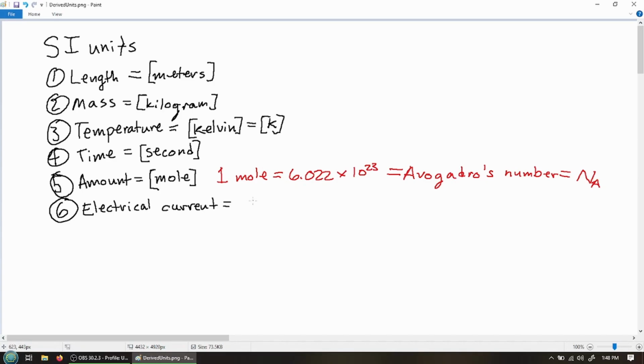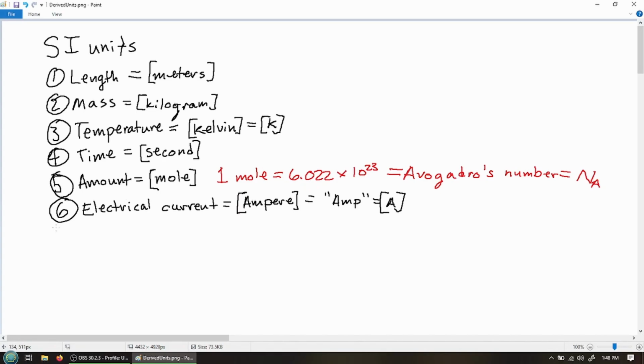A lot of folks will probably have at least seen this before. This is the ampere. We often just say amp, or we might use the symbol for it, which is just a capital A.